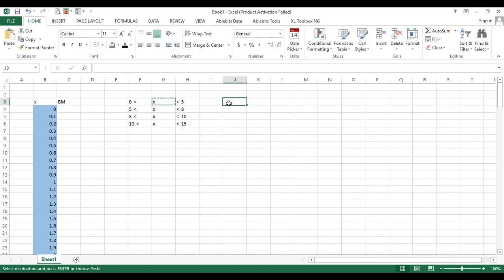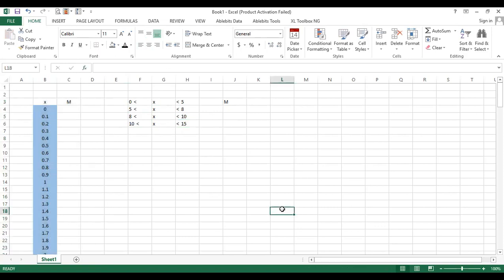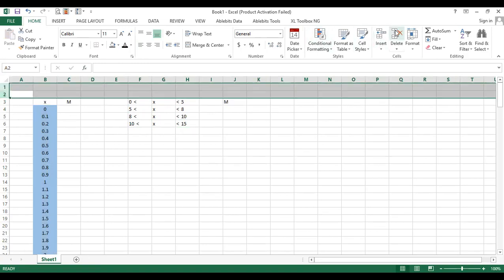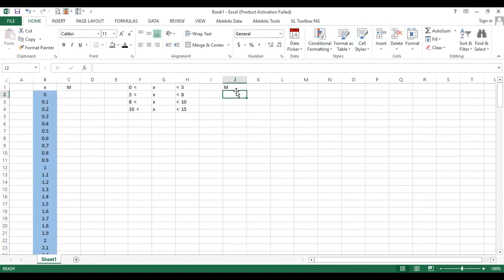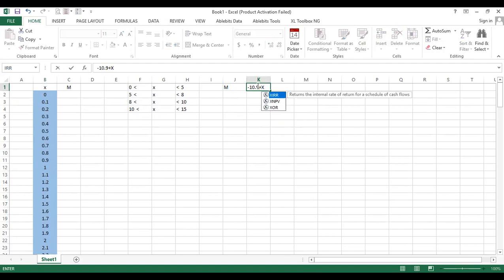So my equation was bending moment M is equal to, so this is M, right? So M is equal to how much? Remember, 10.9 minus x plus x cube over 6, right? So that was my equation.